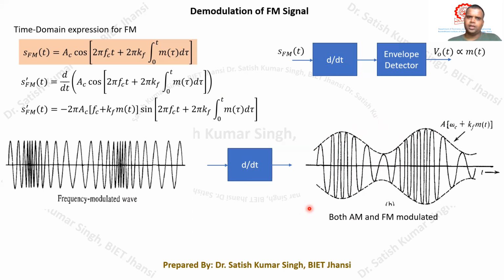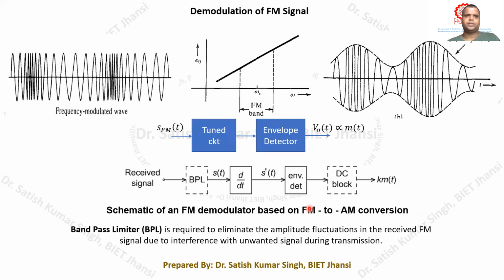Similarly, again we can think of, if suppose we have a frequency modulated wave, and if we pass this frequency modulated wave through a filter whose frequency response is something like this.